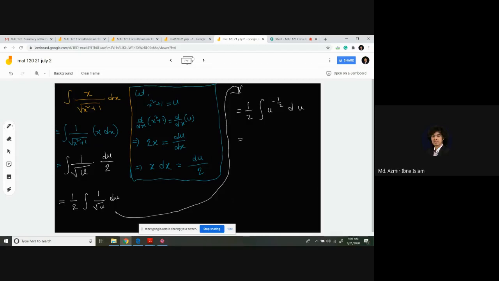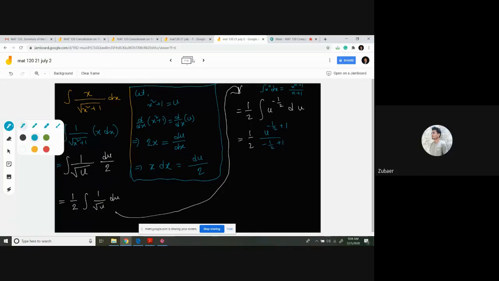So you know that 1 over 2. Now we can apply it. Have I written the correct thing? Yes, sir. You know that the integration of x to the power n dx is x to the power n plus 1 divided by n plus 1. So here we have u to the power negative 1 by 2 plus 1, divided by negative 1 by 2 plus 1.